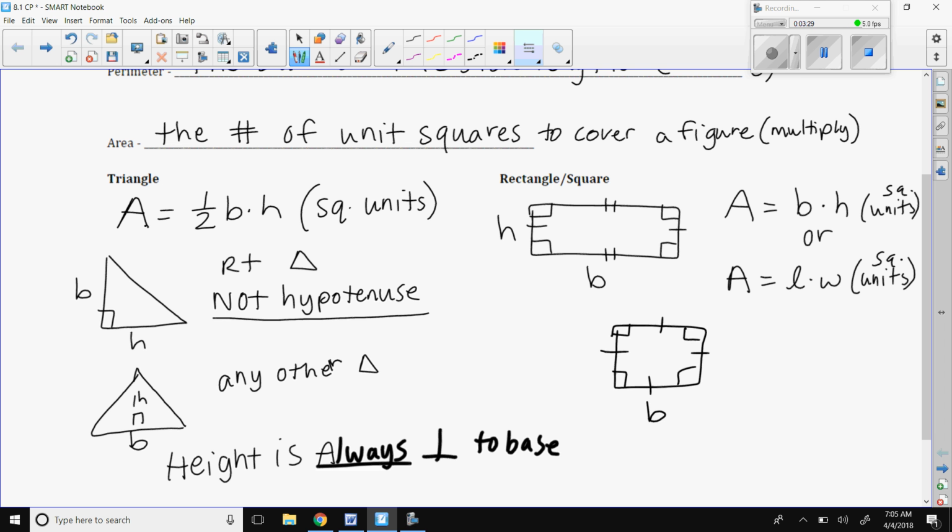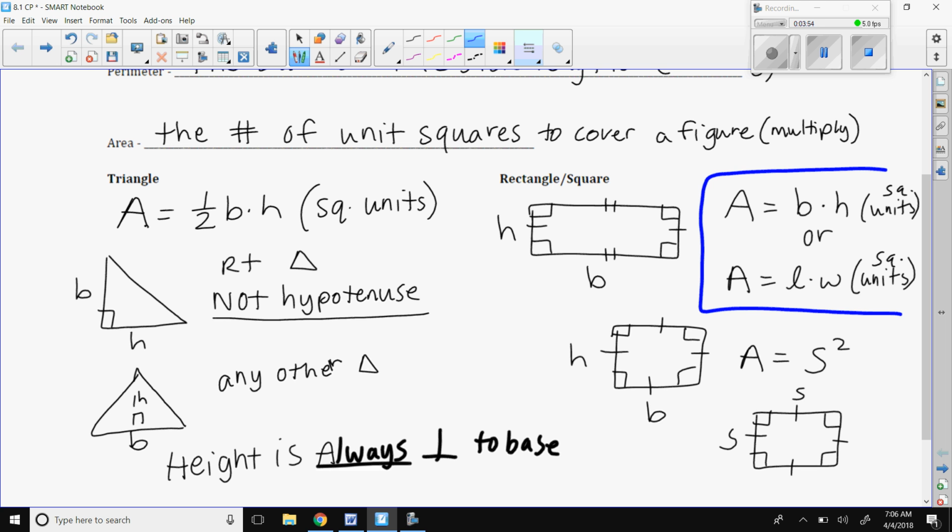Same thing, base times height. Sometimes squares are also done as sides squared. So if you had a square, we call this the sides. All these sides are going to be the same, so you can say sides squared. These are the best ones to use: base times height or length times width. Those ones are always going to get you the correct answer.